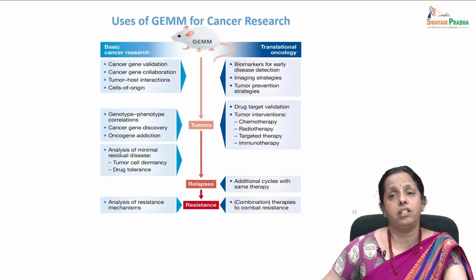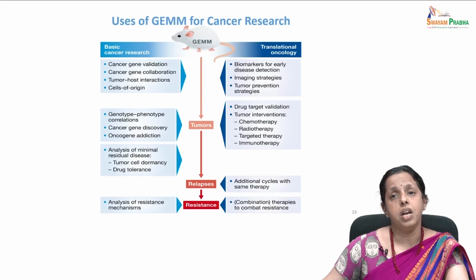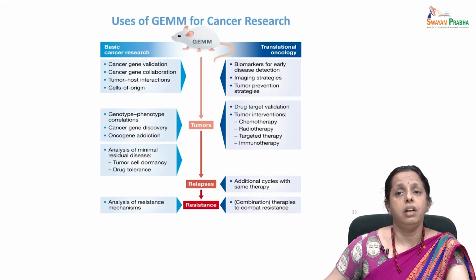Thus, the high attrition rate of clinical compounds, which we have shown in the earlier slides as potential cancer drugs, indicates a need for better methods to predict efficacy, and here the GEMs can play a role.